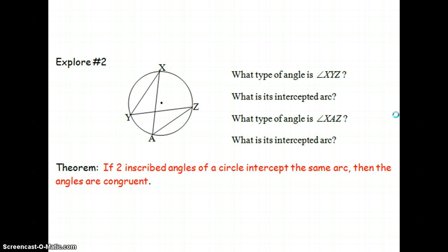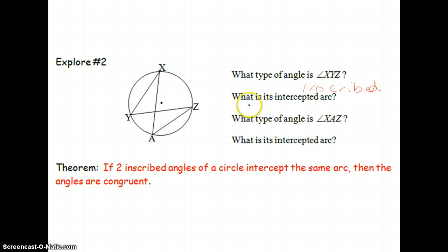Now let's look at another property with inscribed angles. We're given a diagram here, and after we explore some pieces of this diagram and answer these questions, then we'll discuss the theorem stated below. So first off, what type of angle is angle XYZ? From X to Y to Z, you should recognize that that is an inscribed angle.